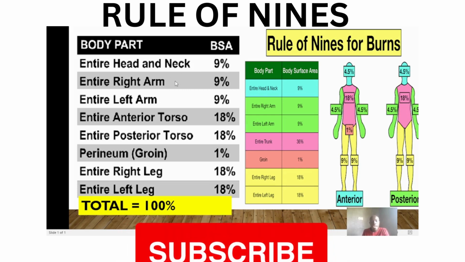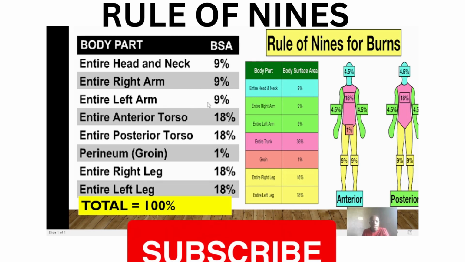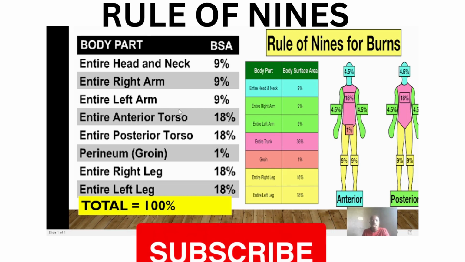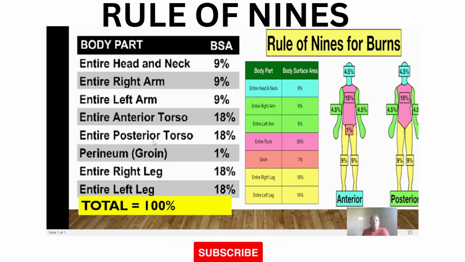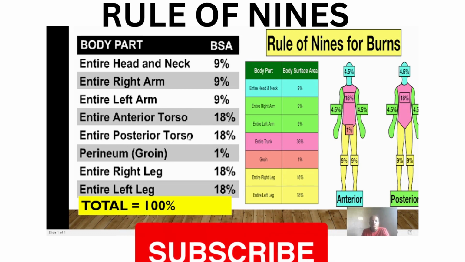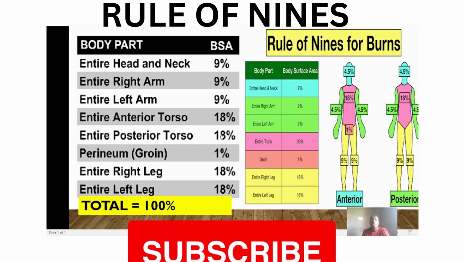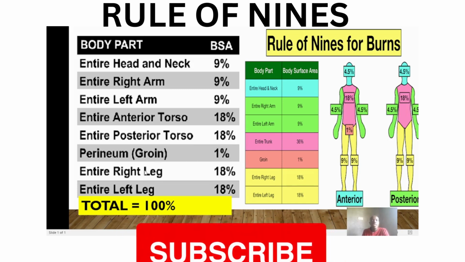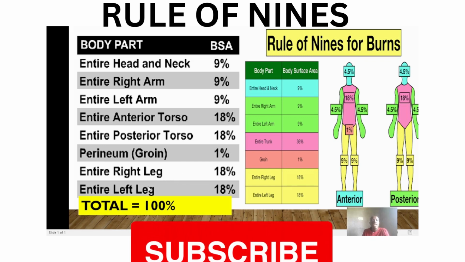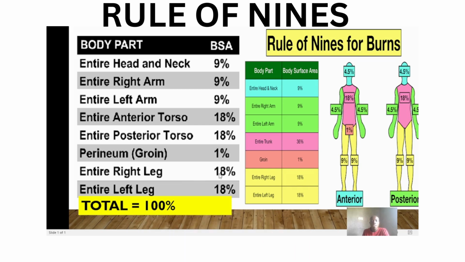So from that, we'll say that the entire head and neck will constitute 9%, followed by the entire right arm, 9%, and the entire left arm, 9%. The entire anterior torso, the chest and the abdomen, will consist of 18%. The entire posterior torso, the upper back and lower back, will consist of 18%. The perineum, the groin, will have 1%. The entire right leg and the entire left leg will each consist of 18%.